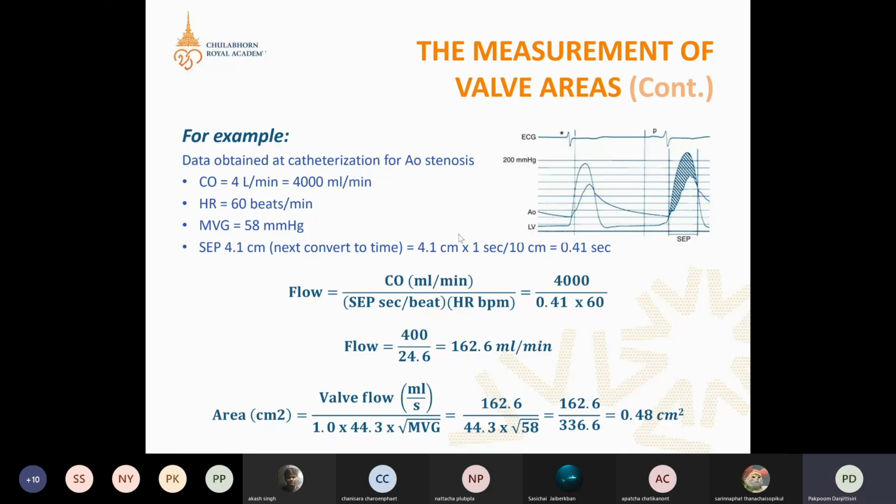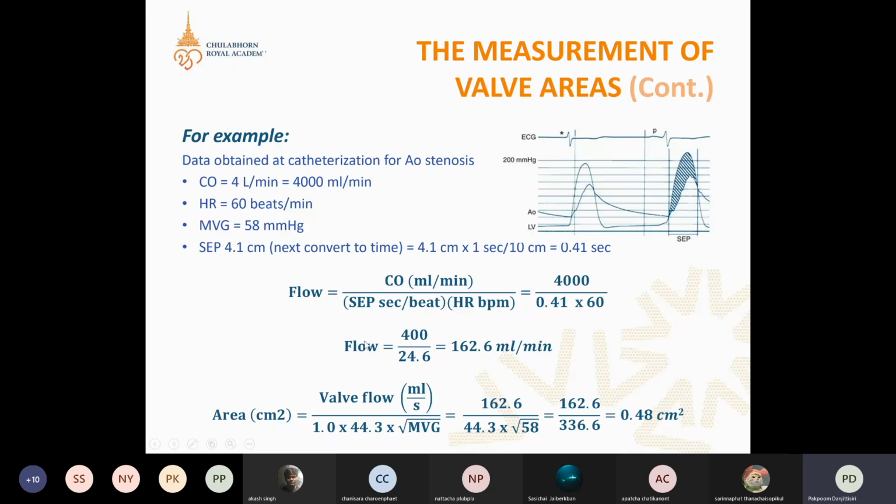Okay, let's go to the equation. The flow equals cardiac output divided by systolic ejection period and then multiplied with heart rate. So it would be cardiac output in milliliters per minute, 4,000, divided by SEP, that is 0.41 second, and then multiplied with heart rate, which is around 60 beats per minute.